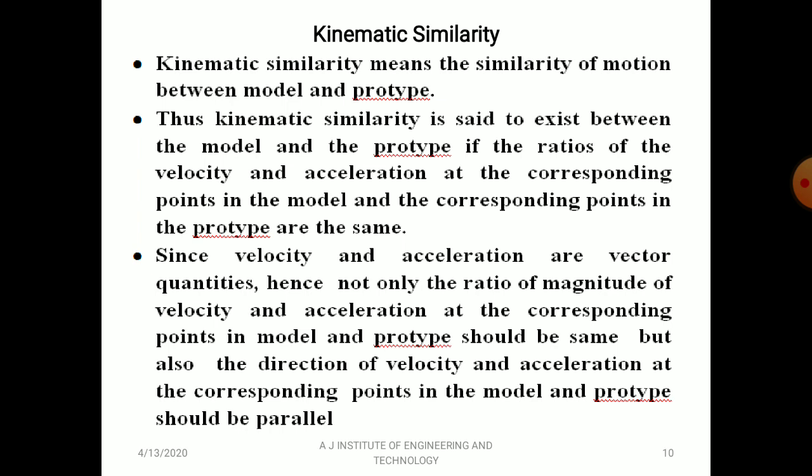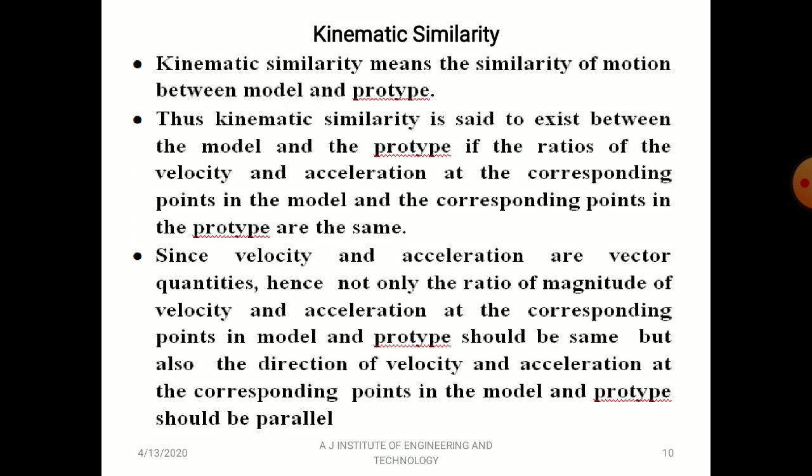Next, velocity and acceleration are vector quantities. What is a vector quantity? A vector quantity has magnitude as well as direction. So velocity and acceleration are direction dependent parameters. Hence, not only should the ratio of magnitude of velocity and acceleration at the corresponding points in the model and prototype be the same, but also the direction of velocity and acceleration at the corresponding points should be parallel, or the same.